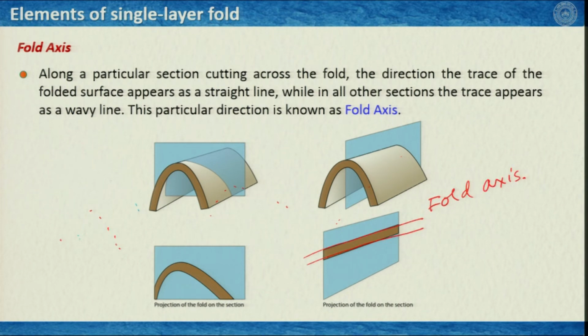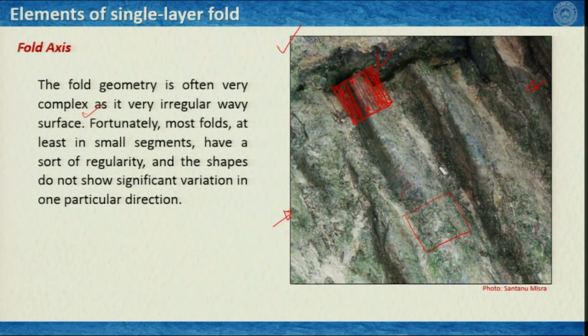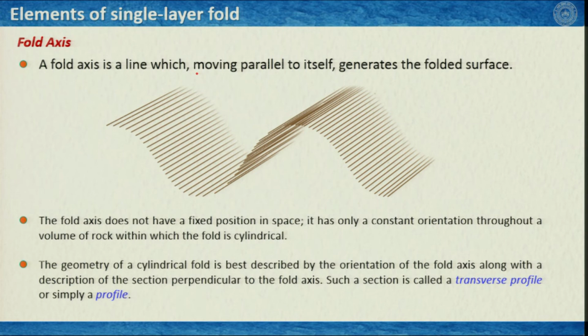Now, if we go back to the photograph that we have seen, this one, you see that these are straight lines, right. These straight lines can move parallel to themselves and can form the fold surface. How does it work? The illustration is here.